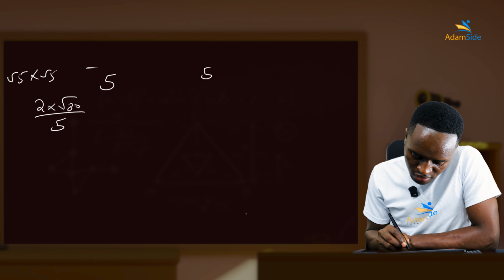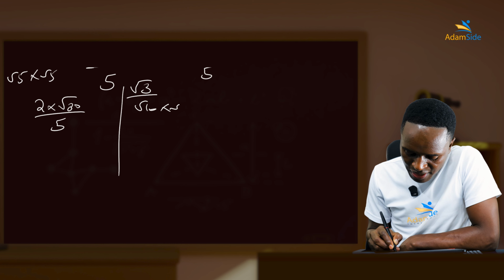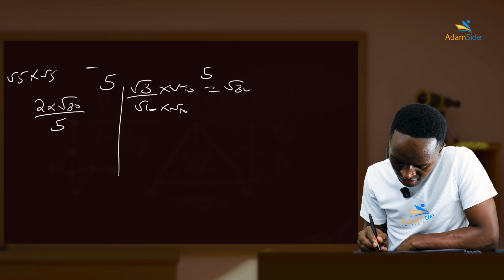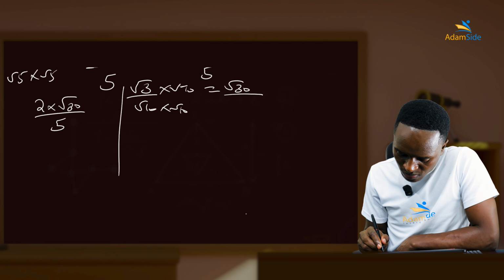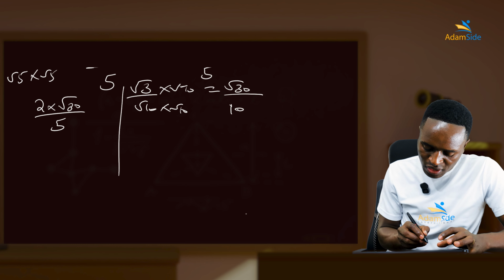We have root 3 over root 10. So multiply by root 10, multiply by root 10. What do we get? We get root 30 over 10. Very good. Now here, it can be simplified.